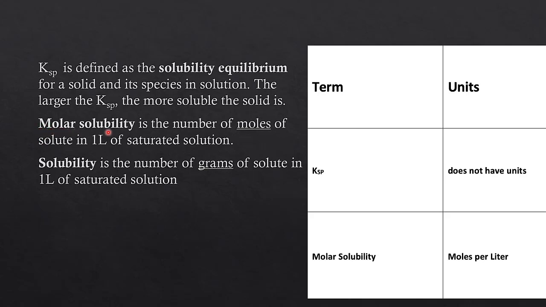We can have molar solubility, which tells us the number of moles of solute that can be dissolved in 1 liter of saturated solution. Remember that saturated means that you've put in the total number of molecules that could possibly be dissolved. One more and it would precipitate out. And solubility just by itself is defined as the number of grams of solute in 1 liter of saturated solution.